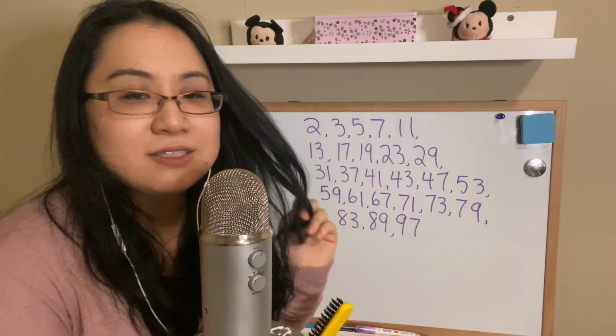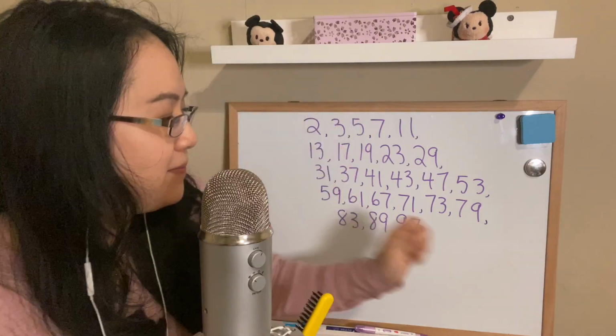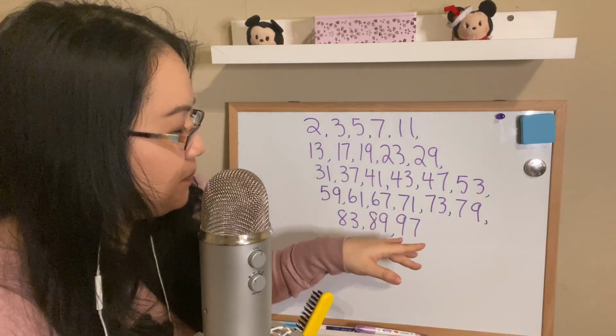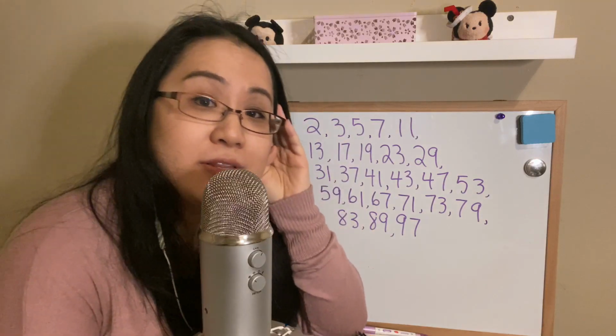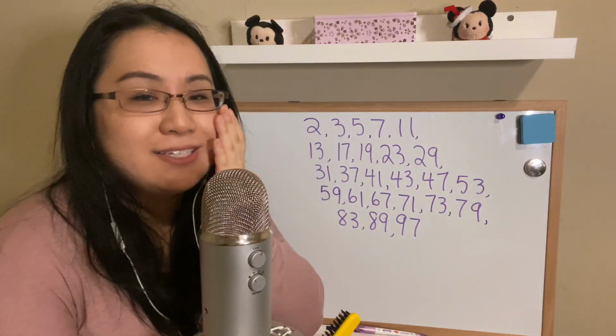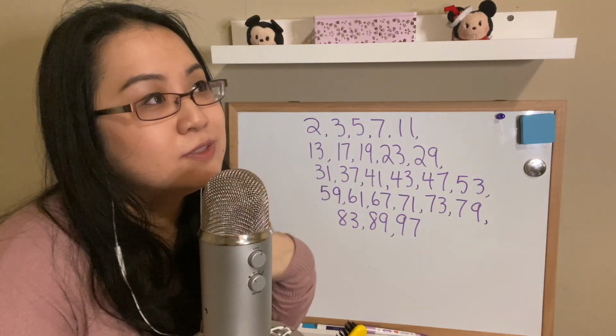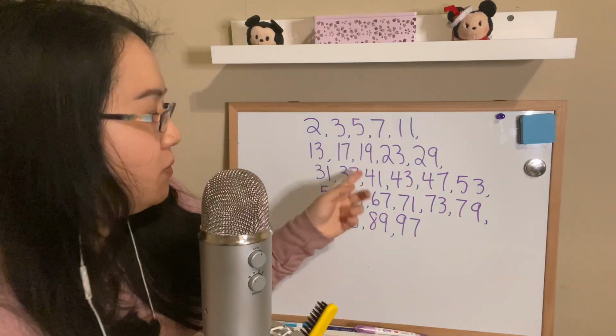So that makes sense. That was 80, right? So 81 is 3 to the power of 4. 82 is 2 times 41, which is prime.